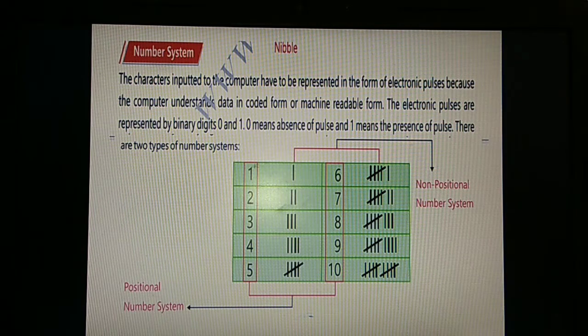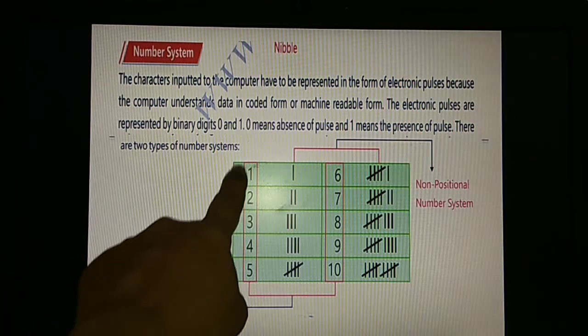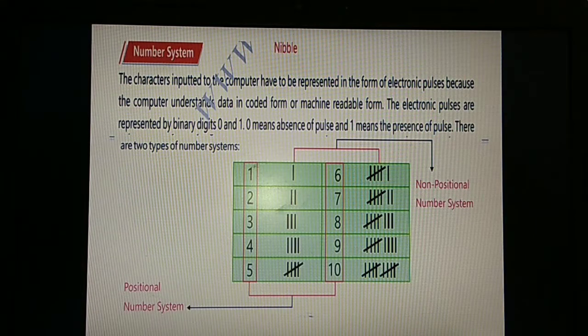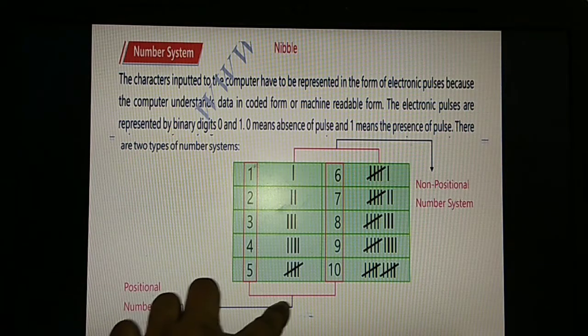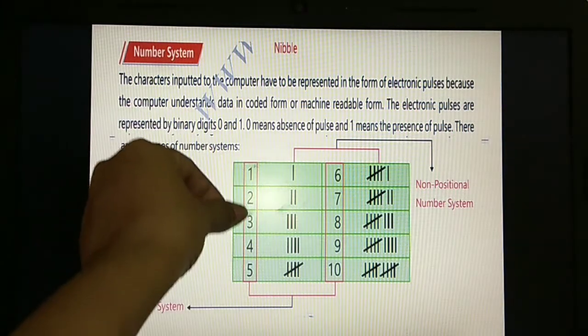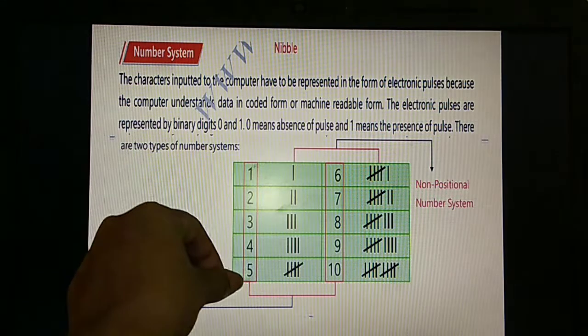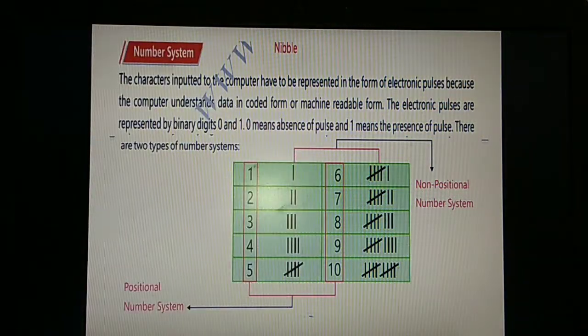Okay, the positional number system and the non-positional number system. Looking at the picture table only, you can understand which are the positional number systems and which are the non-positional number systems.